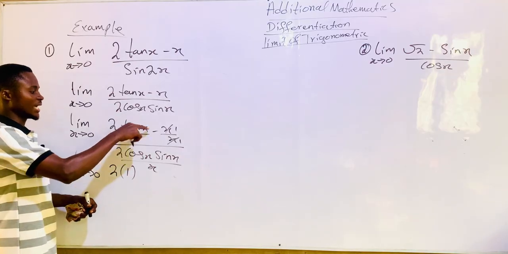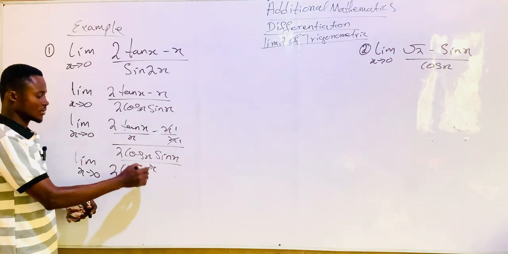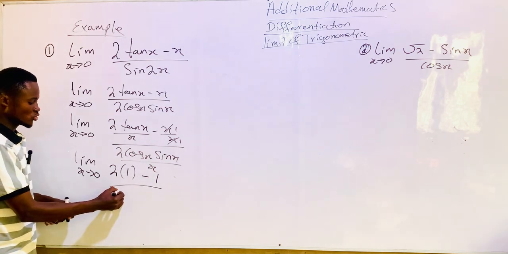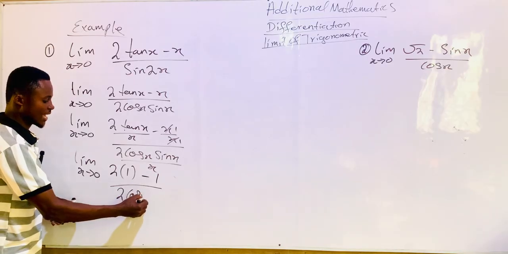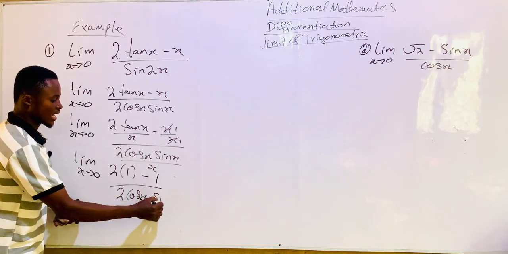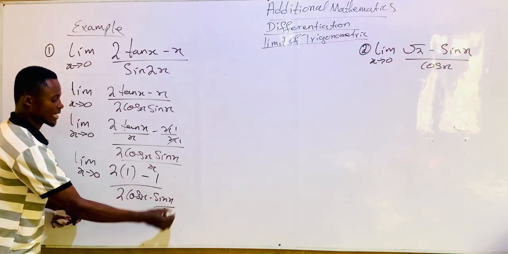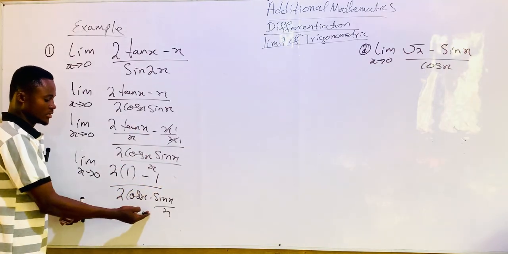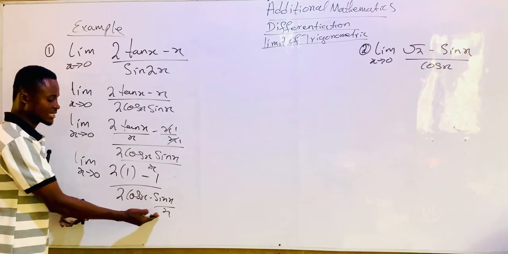The limit of tan x all over x will give us 1, so we have 2 times 1, minus 1, all over 2 cos x dot sine x all over x. I have split this to see the limit identity.